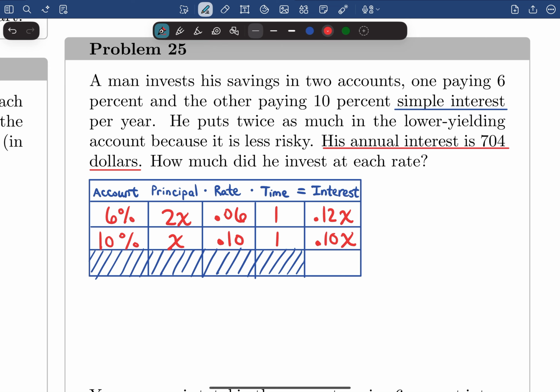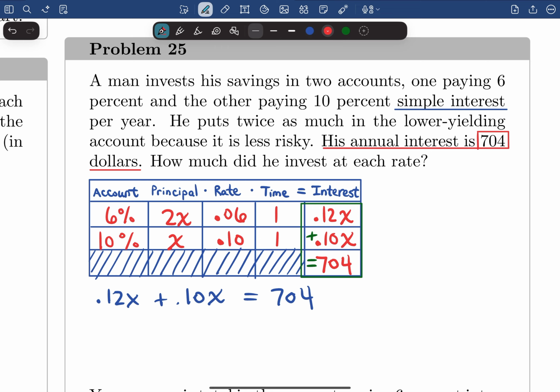And we know the total annual interest is $704, so we're going to put 704 right here. Now let's focus on this column that we just found, because this is going to be the equation that we can solve. We have 0.12x plus 0.10x equals 704.